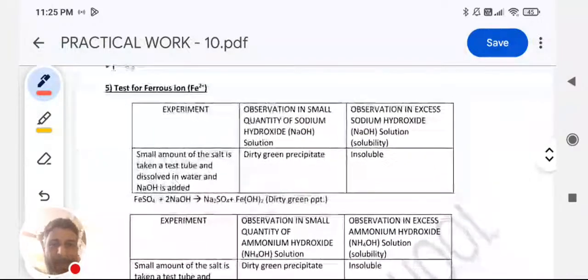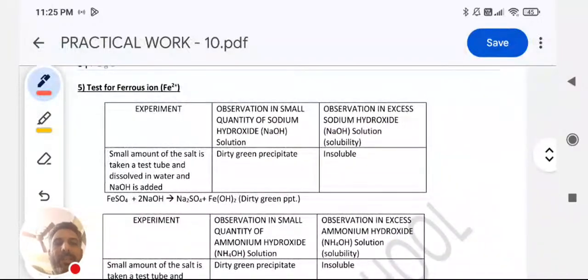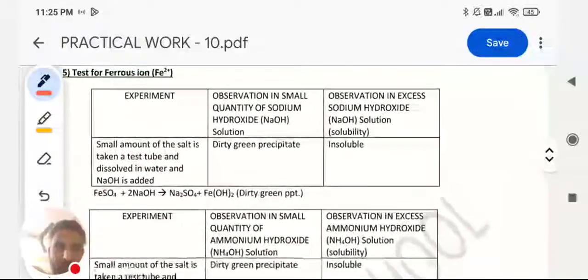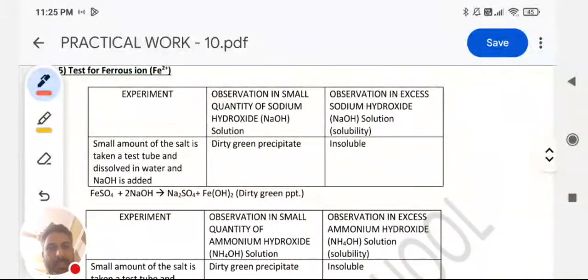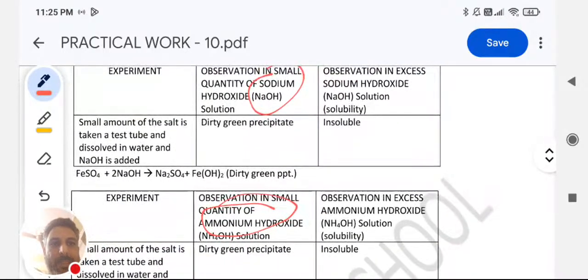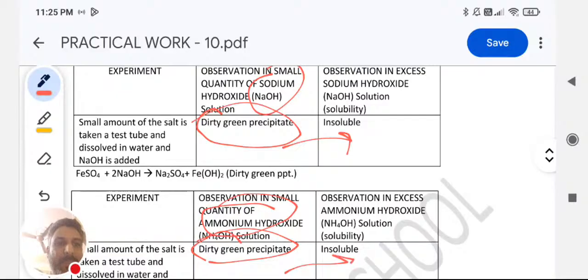Then ferrous. So for ferrous ion, you just need to remember the color of the precipitate. Whether you add sodium hydroxide or ammonium hydroxide, in both cases the precipitate is a dirty green precipitate, and in both cases the precipitate remains insoluble.